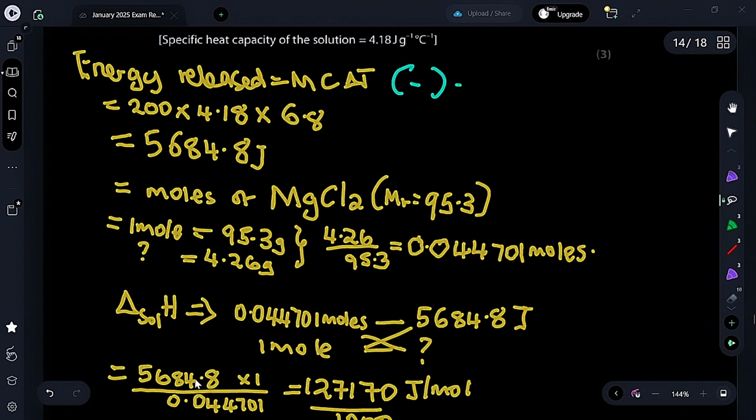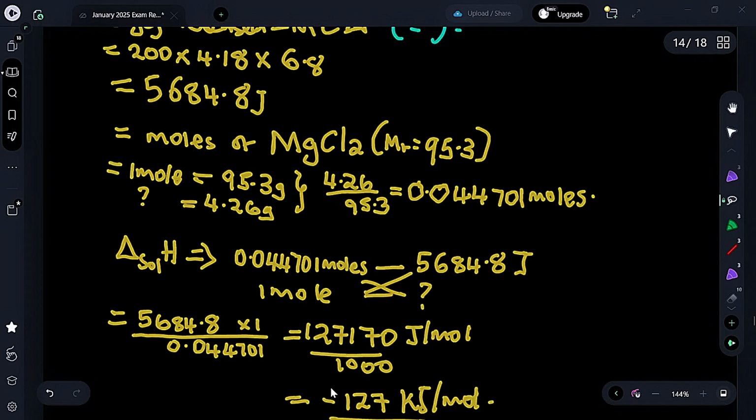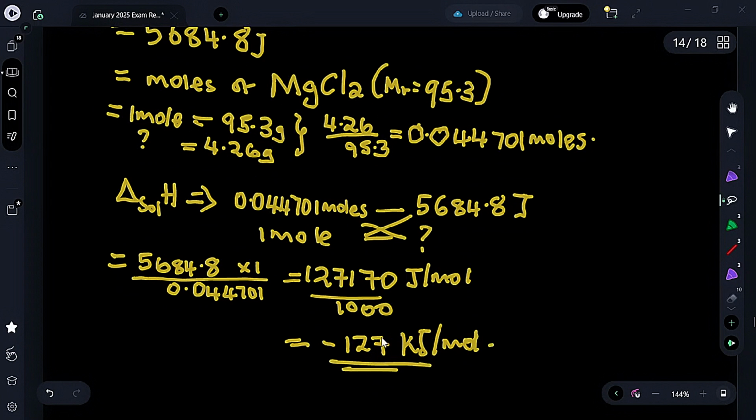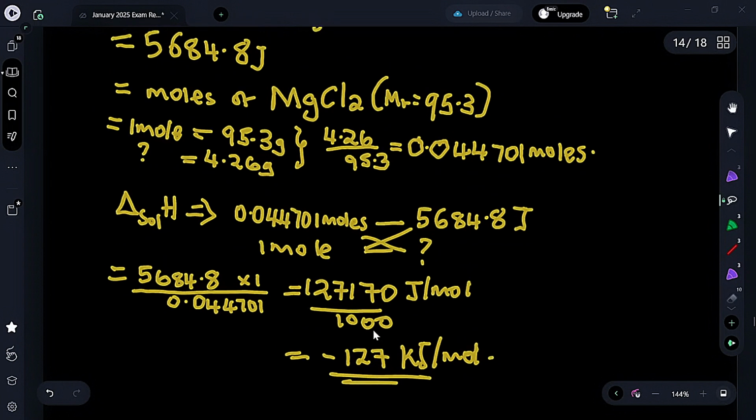So when we divide the heat energy released by the number of moles, we get the energy in joules per mole, which you can divide by 1,000. Then we give the appropriate number of significant figures.